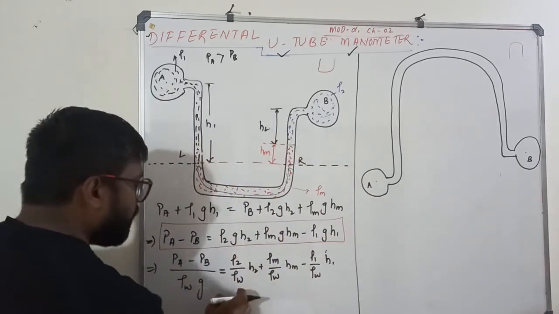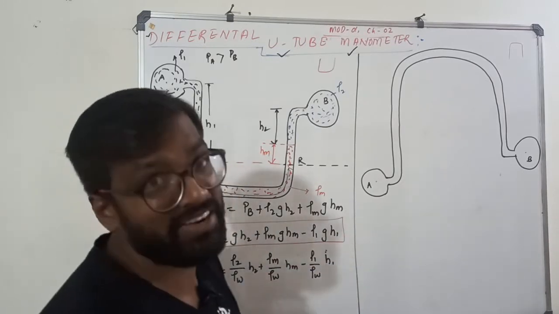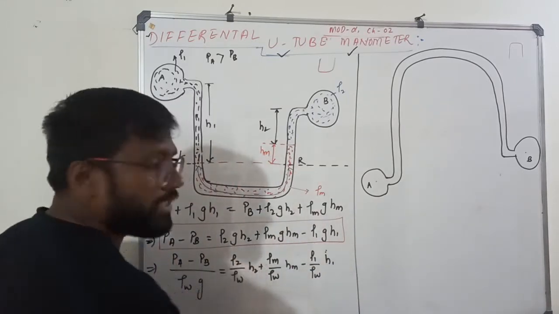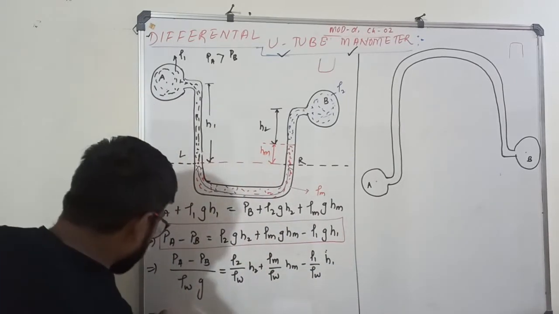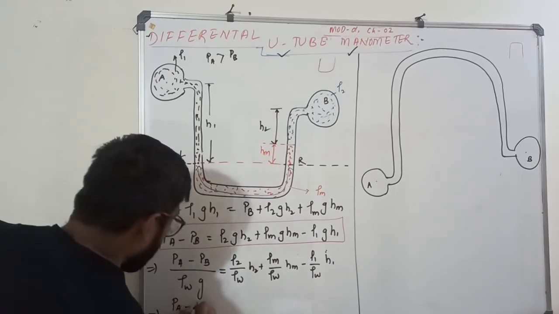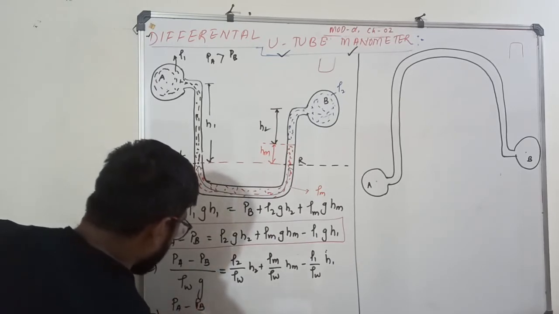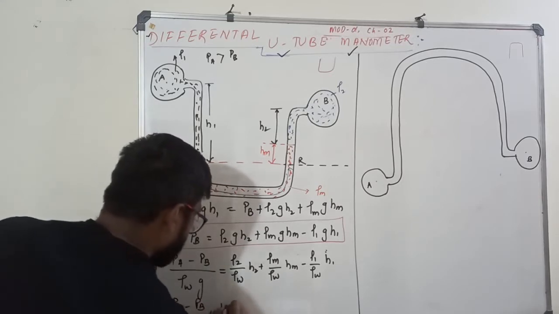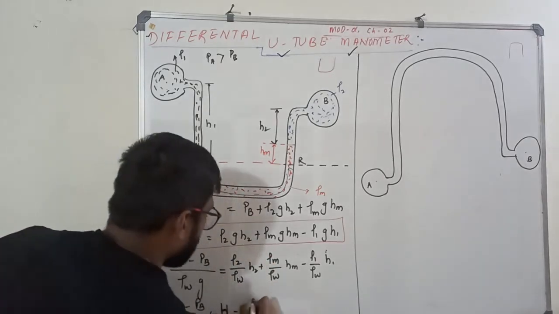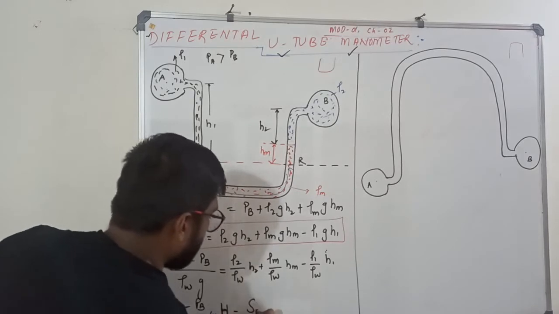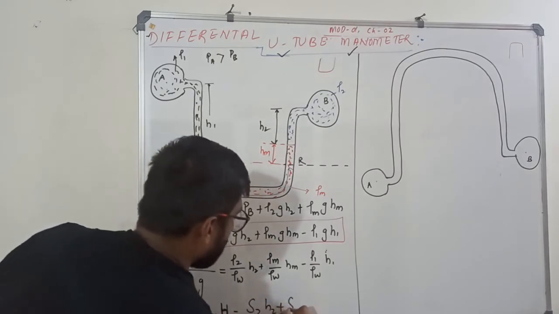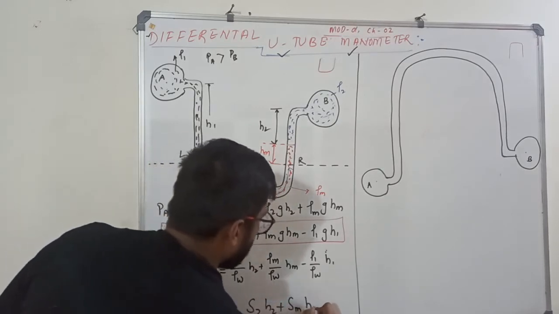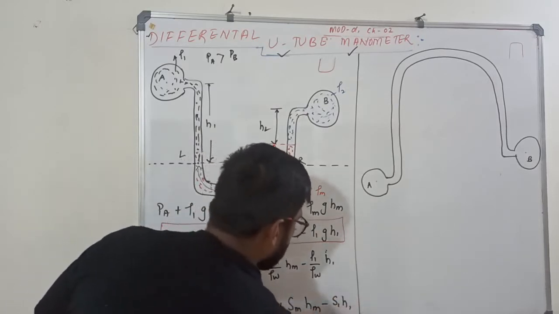What is density of matter by density of water? Specific gravity. So PA minus PB divided by rho W into G, or let me write here some head H, is equal to S2 H2 plus SM HM minus S1 H1.